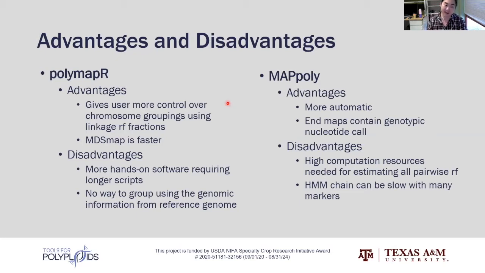Also, MDS map is a faster ordering algorithm. And then the disadvantages of Polymapper, I feel, are that it's more hands-on and requires longer scripts. I believe in the Q&A session above, Peter had mentioned that if he were to make some improvements, he would make some things a little bit more automatic.